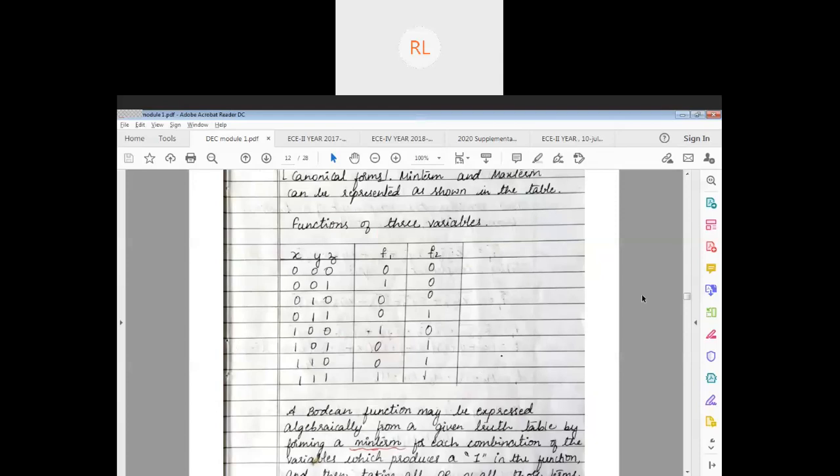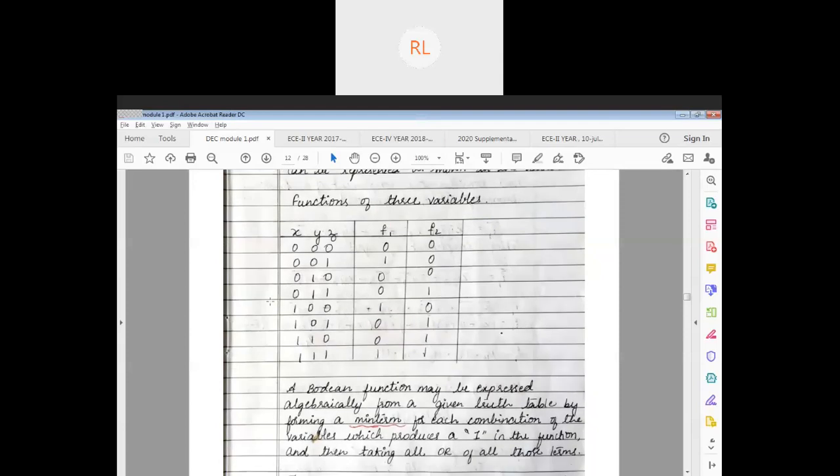We are trying to extract more data from the truth table, build equations, and represent it in a standard format. Standard format is nothing but your min terms and max terms. Min terms are represented as small m, and max terms are represented as capital M.